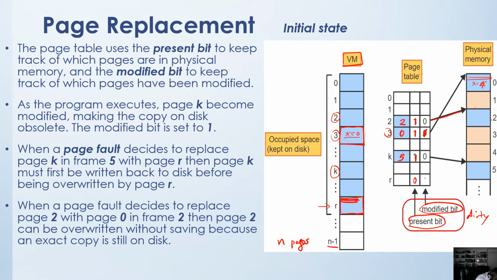Then a page fault happens, which is an interrupt that tries to find a free frame in the physical memory. If unfortunately we cannot find any free frame, that means the physical memory is full. So then we need to execute the page replacement.